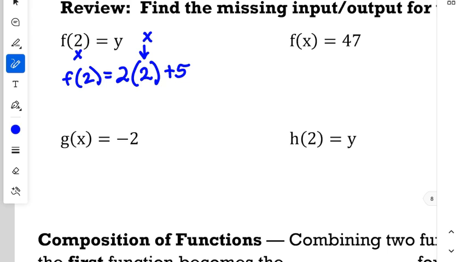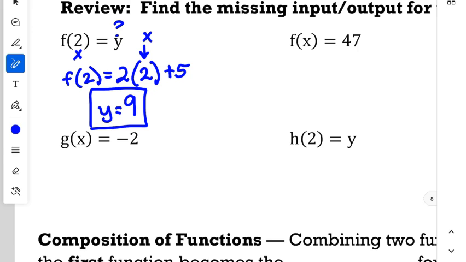So we're plugging a number in, coming out with another number. So we can do this using the calculator. 2 times 2 plus 5. Or in our head, what's 2 times 2? Plus 5. 9. And what are we asked for? We're asked for y. So we would say y equals 9. Because that's what it's asking us for.